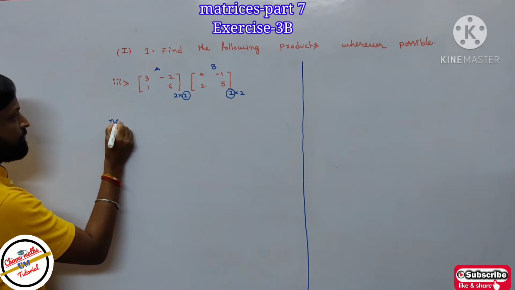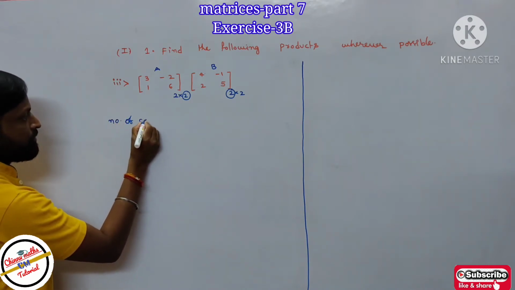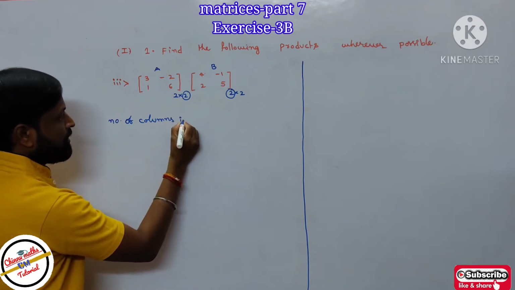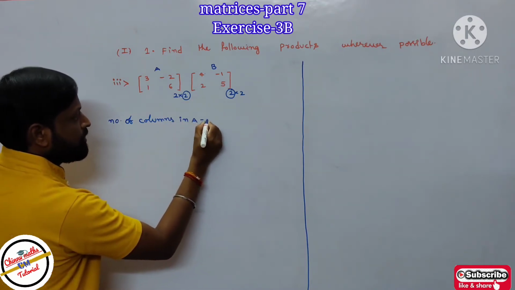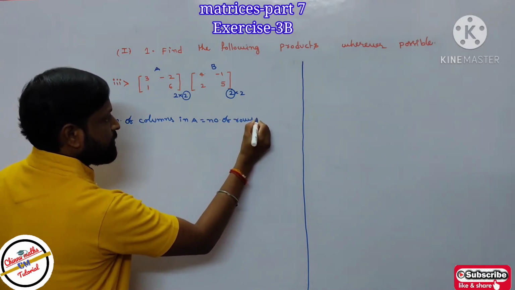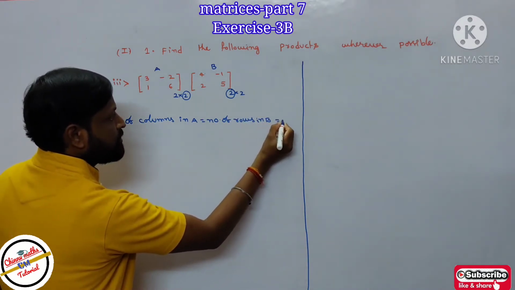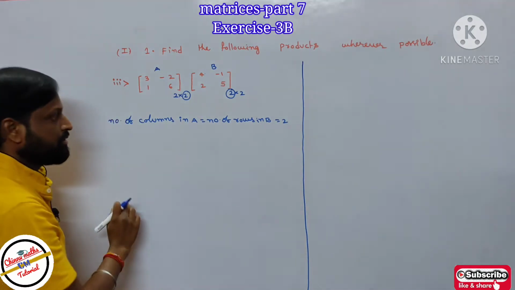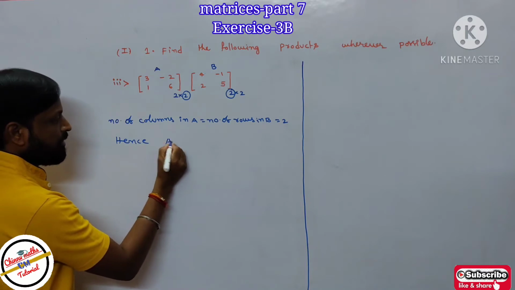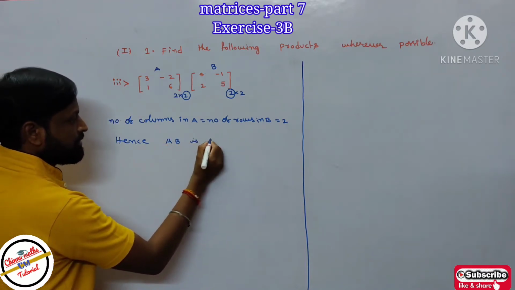So the number of columns in A equals the number of rows in B equals 2. Hence the product AB is defined.